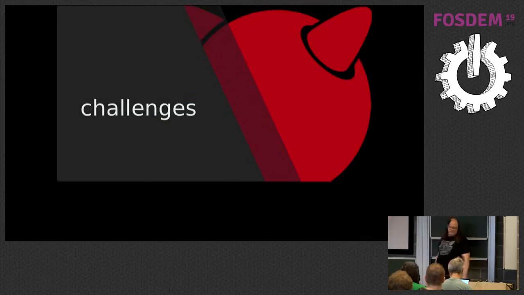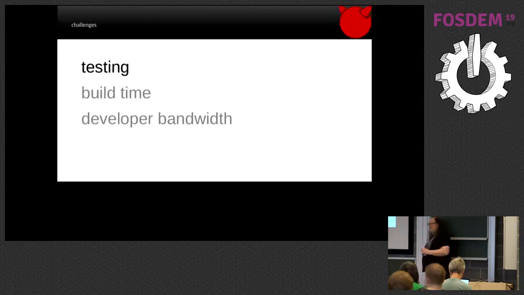So, it sounds very simple. What is not so simple in this? Testing, for one, is not very simple. It turns out it's very hard to emulate graphics cards, graphics hardware, which means you kind of need to have the actual hardware lying around.